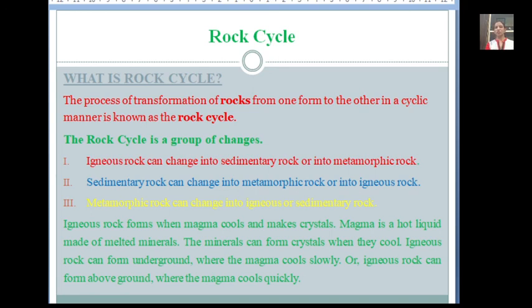Igneous rocks can change into sedimentary rocks also, and igneous rocks can be changed into metamorphic rocks also. In the same way, sedimentary rocks can also convert into igneous rocks.